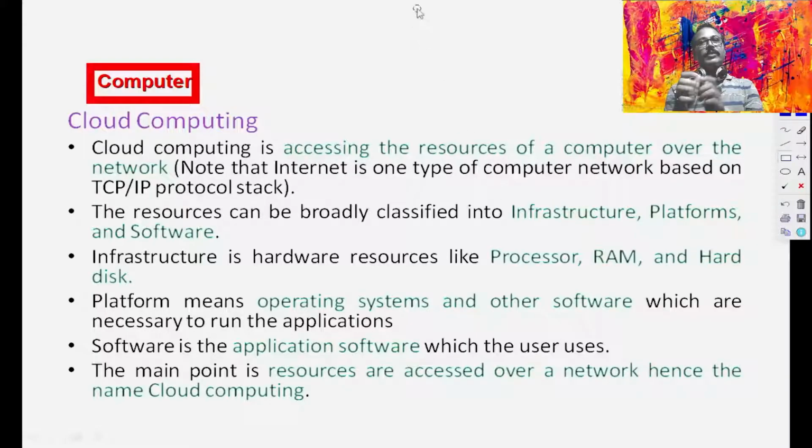And somewhere the services are available. What are the services? We will see. Somewhere the services are available. It's also a computer. So if the services are available somewhere, you should be able to access these services.